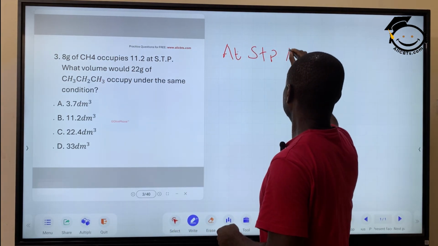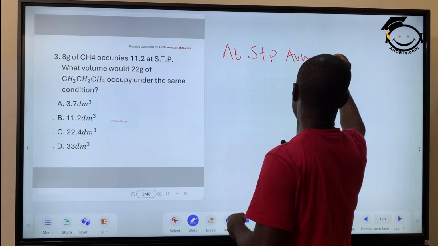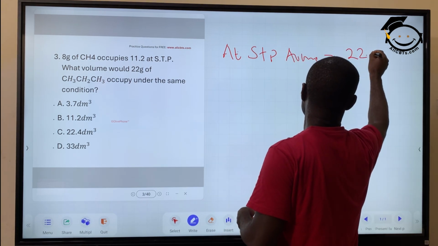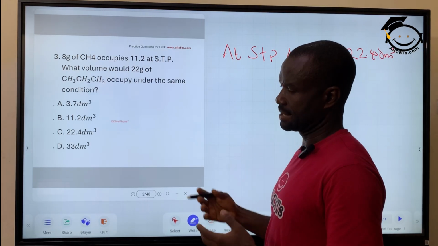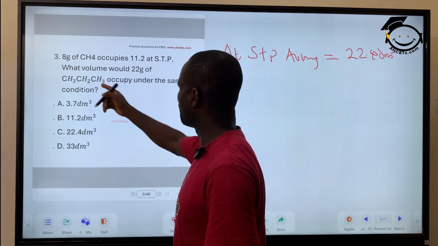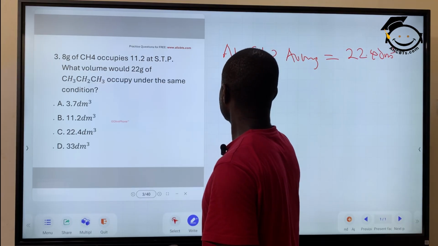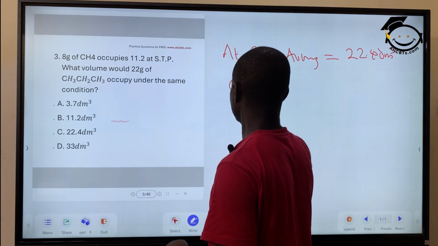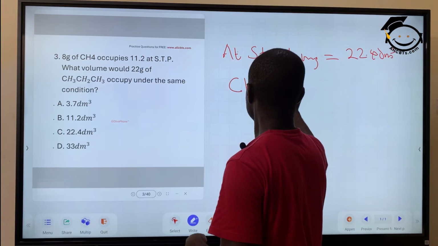According to Avogadro, 1 mole of a substance occupies 22.4 dm3. But in this case, we are looking at the volume of this molecule. What's the molecule in question? CH3, CH2, CH3.